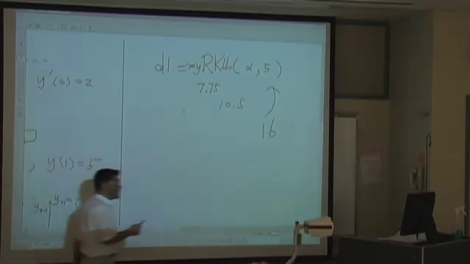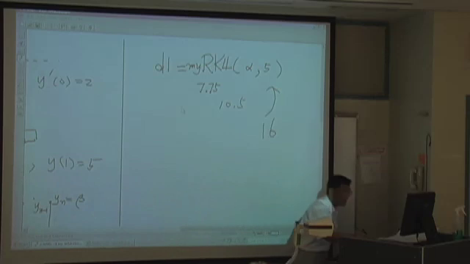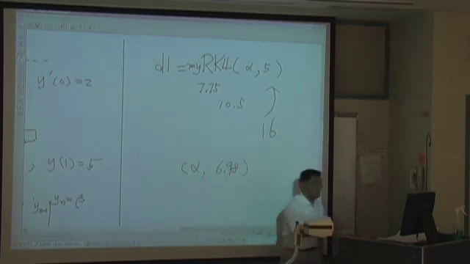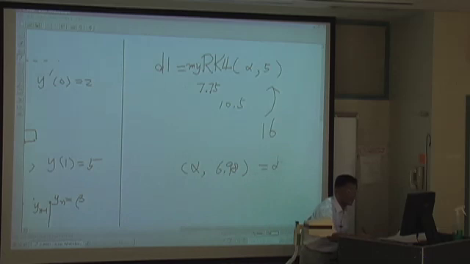Once you hit the jackpot, so once you hit the target by using, for instance, alpha 6.98, then D1 becomes the target value.